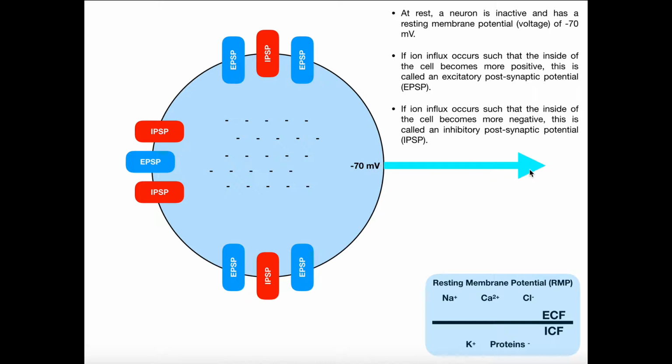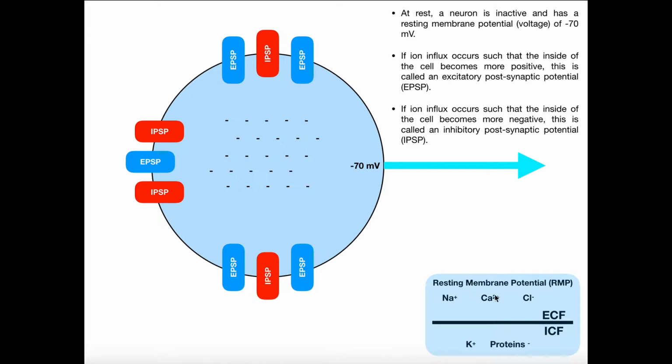Graded potentials do not occur in the axon, so we're restricting ourselves to the dendrites and cell body, but I've just shown the cell body here for simplicity. Also, there are these proteins in the membranes, and I'll explain what these are specifically in a little bit, but it suffices to say for now that these proteins represent both receptors and ion channels. So make sure you bear that in mind.